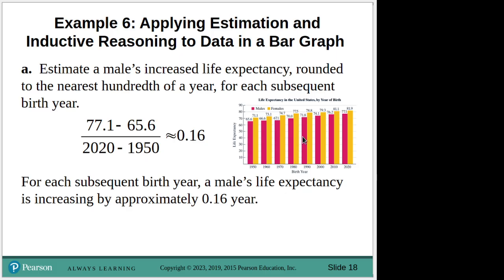So 77.1 minus 65.6 divided by, in parentheses, 2020 minus 1950. Let me check it out. 0.16428. 0.16 is going to be close enough for us.